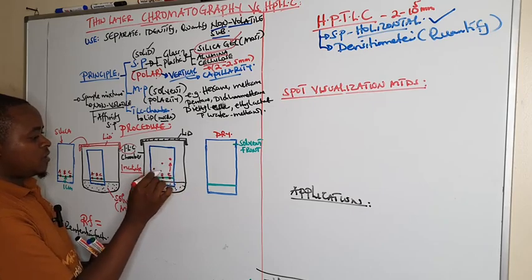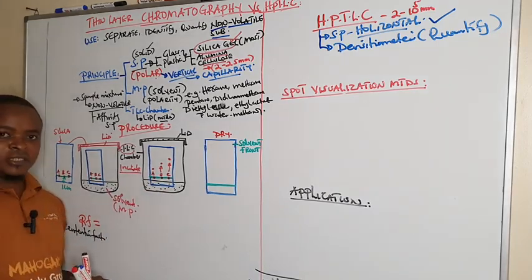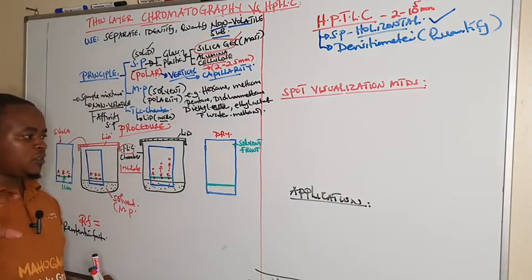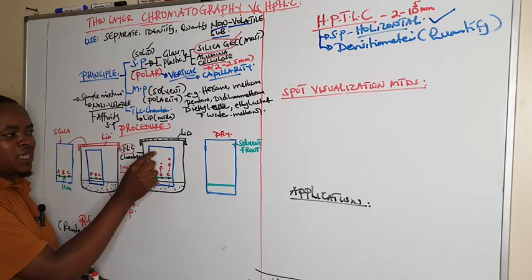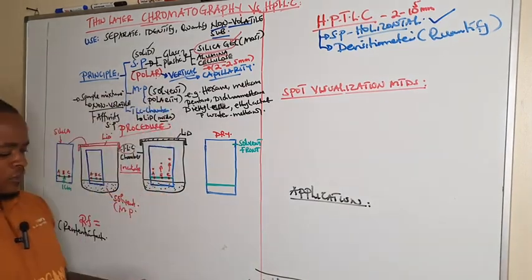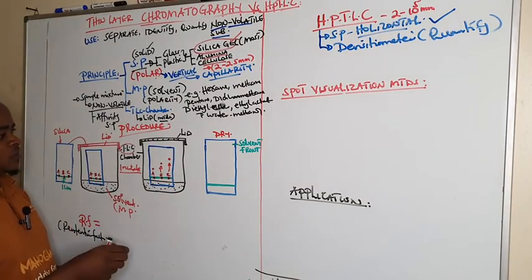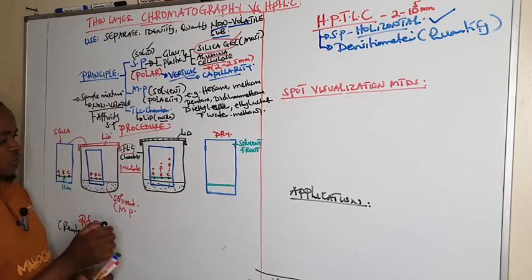So these spots are able to migrate at different height or length depending on their interaction with the stationary phase, which is silica gel. So after this, the solvent was also able to move.